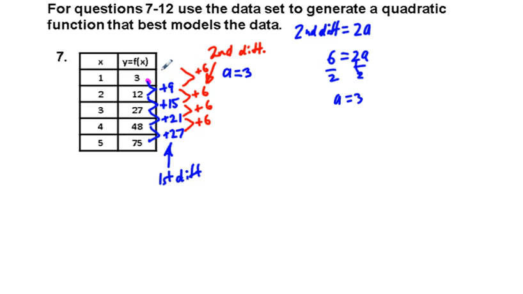Well, I would say plus 3 plus 6 equals 9, right? Okay, so that would be our first difference. And then if we go backwards and we say 3 minus 3, when x equals 0, y should equal 0. So therefore, we would say our y-intercept is 0, and therefore c is equal to 0.